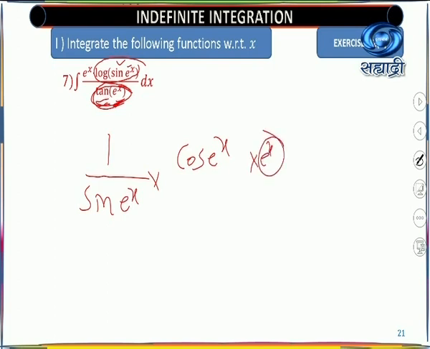So already you have e raised to x, but this is cos upon sine, means it is cot, but you are having tan. So take this tan to the numerator, it converts into cot. Okay, so that function will be simplified. That means what? Now you need to substitute only for log of sine e raised to x and take the tan to the numerator.